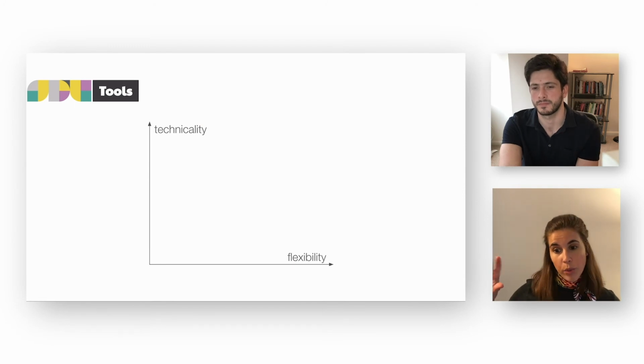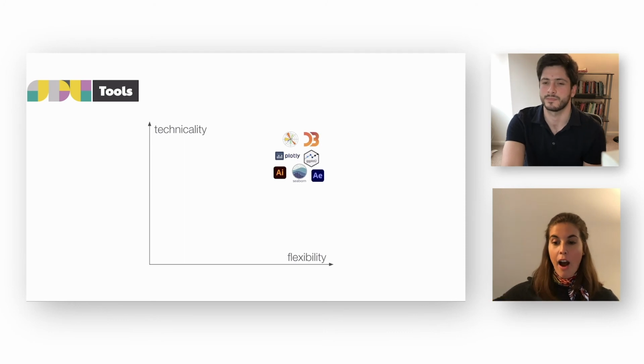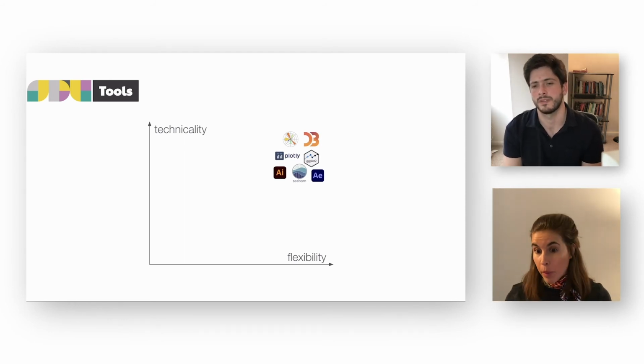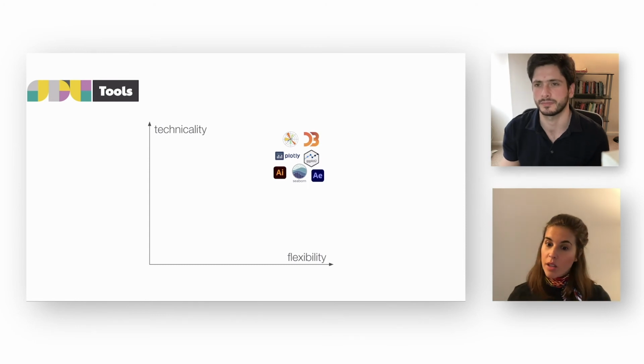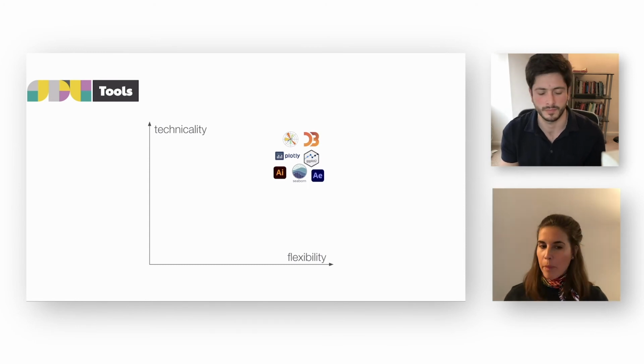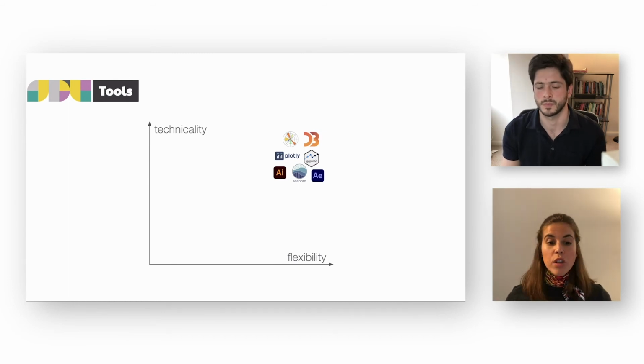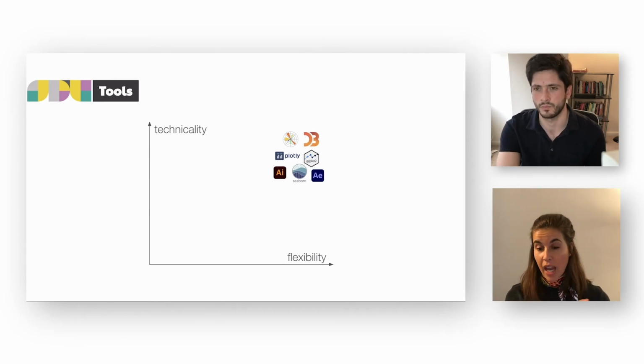A first group that we identified is more flexible but also requires a higher level of technicality from the person who's producing the chart. Here we included Matplotlib, Plotly, ggplot, Seaborn, D3. We also included Adobe Illustrator and After Effects that also give you a lot of flexibility when working with charts, but require a higher level of technicality.